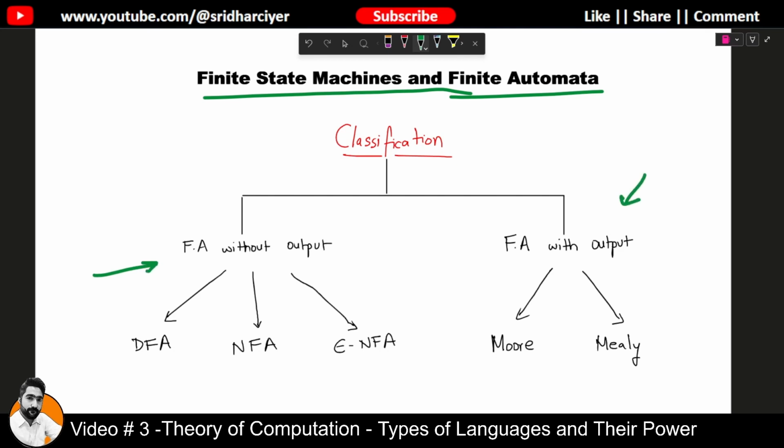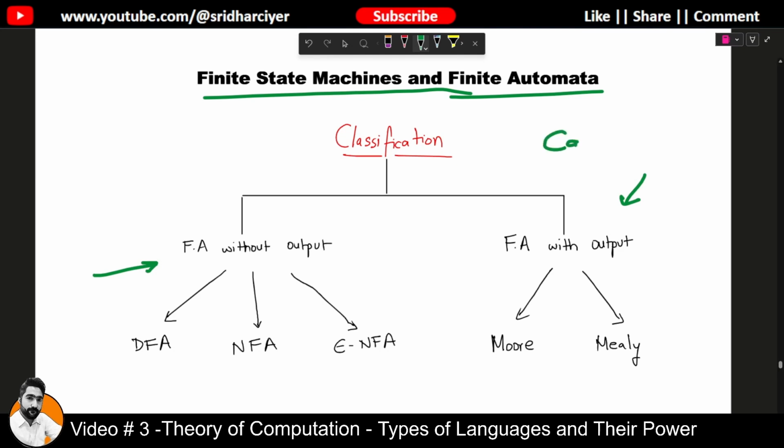So whenever I am talking about finite automata without output, it doesn't mean that I am not going to get any output at all. It simply means my main focus is going to be on the transitions rather than on the outputs. On the other hand, whenever I'm talking about finite automata with output, my main focus is going to be the outputs only.